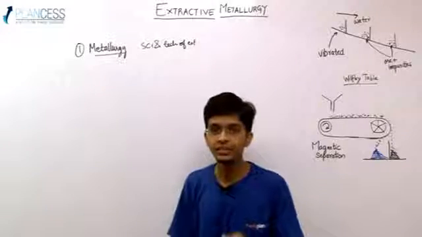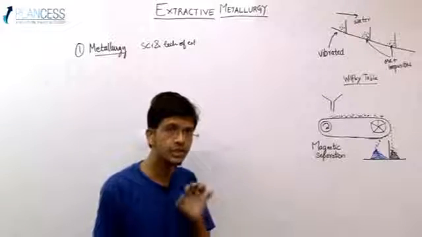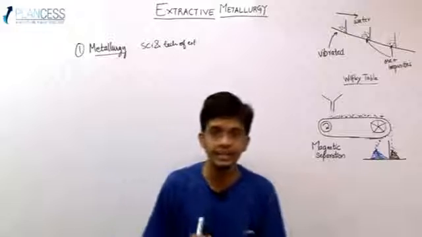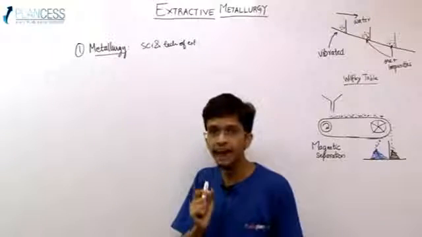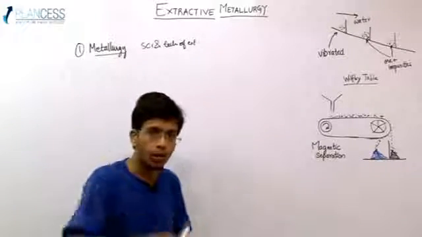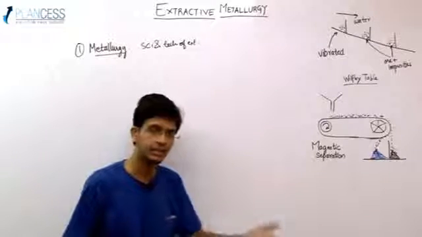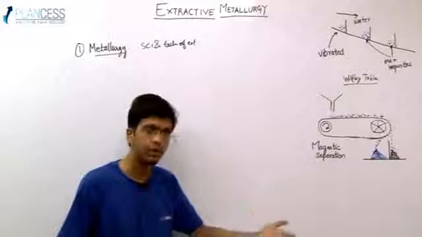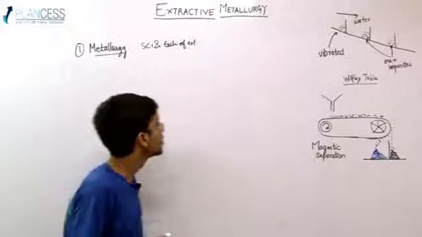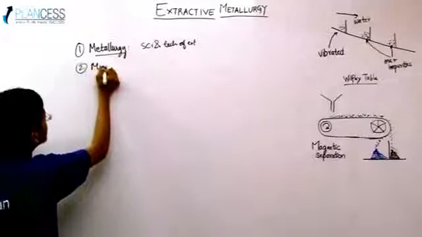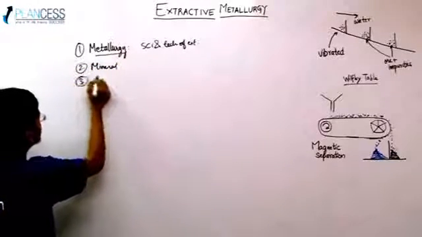A mineral is a naturally occurring homogeneous inorganic substance of definite chemical composition and characteristic crystalline structure, color and hardness. An ore is basically a mineral which can be mined at profit. That is, the metal can be extracted from the mineral at profit. So the second thing we learned is mineral, and third is ore.